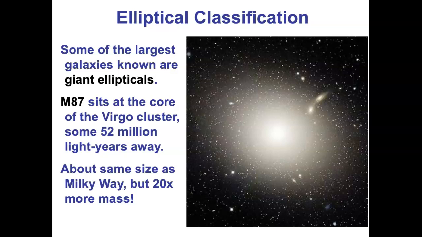M87 is sitting at the center of the Virgo cluster, and the Virgo cluster has 1,000 galaxies. Again, here's the big daddy. These ones are more like the size of our galaxy, and then you've got some other galaxies. Well, actually, that and that are probably foreground stars.